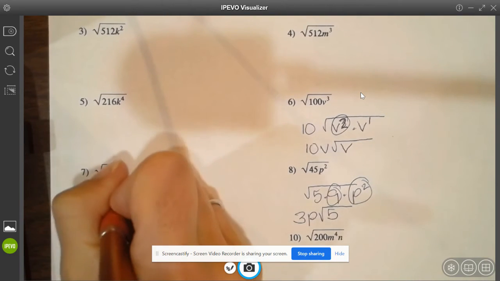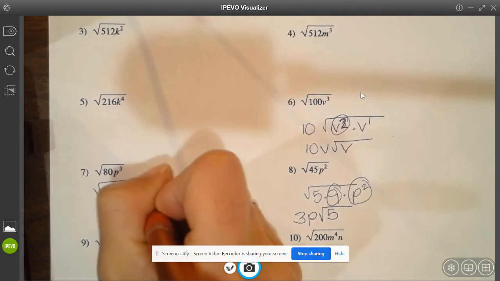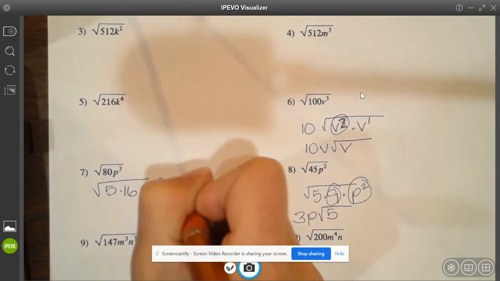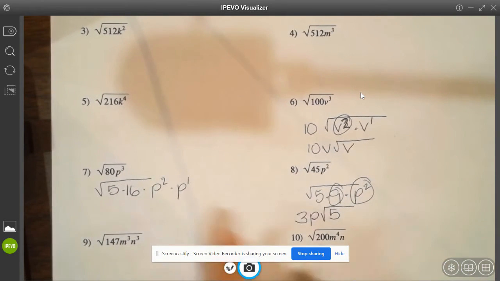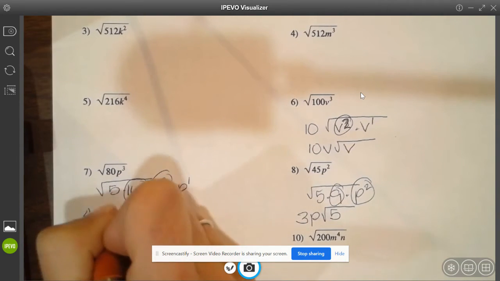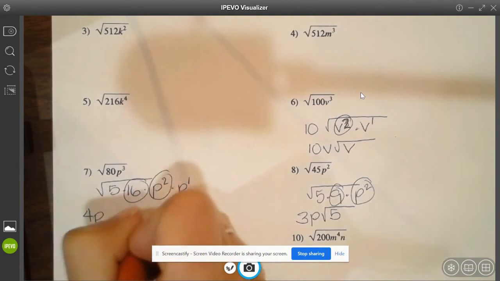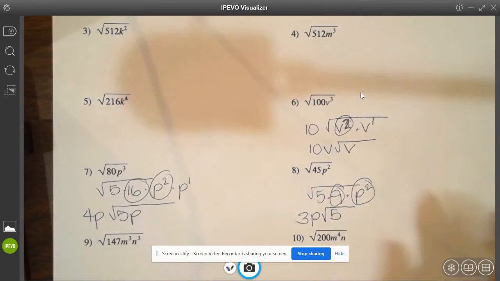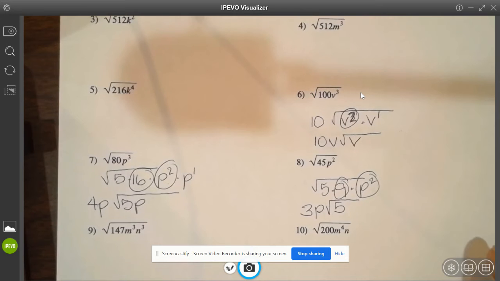So we said that 5 times 16. And then you have 3p. So you have p squared plus p1, right? We can take the square root of this one and this one. So we have 4, and then p, and then we leave inside whatever we can't take the square root of, which is 5p. Okay.